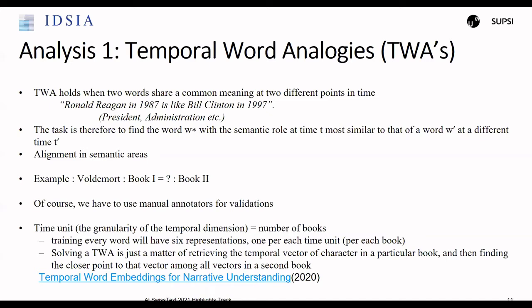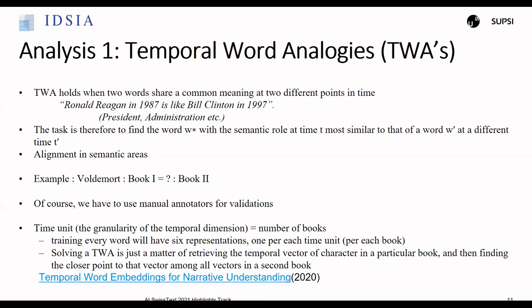We had to use manual annotators for validation. We considered each book as a timestamp, and for temporal word analogy, we just extracted the vector of the character in a particular book and found the vectors which are close to it, based on cosine distances, in other books.